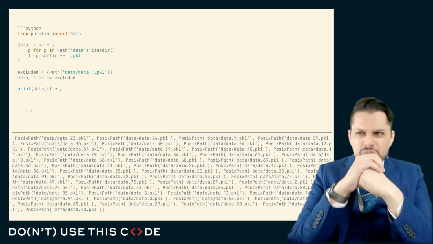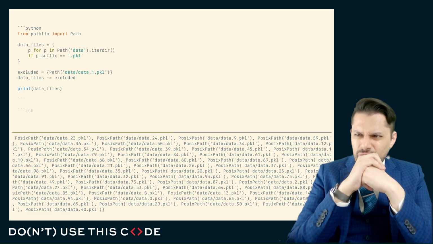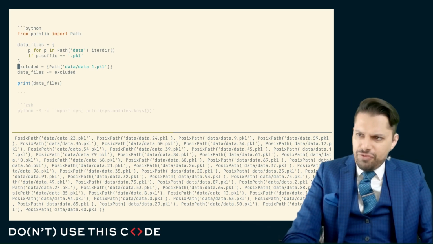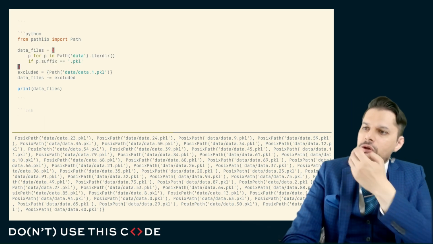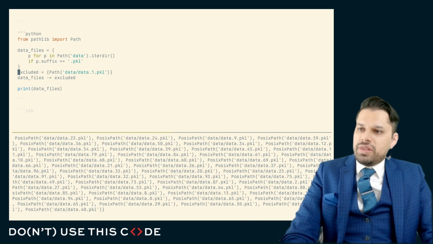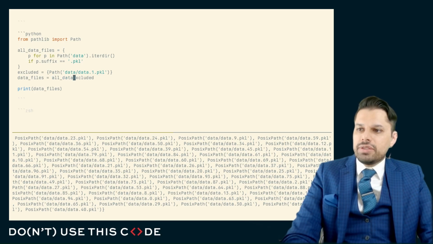But for the most part, my concern here is, can somebody read this code and understand what's happening? And for the most part, I can. You know, find all the pkl files, mark that this file won't be processed, and here we could say all data files. And the ones that we process are all the data files minus the excluded data files.